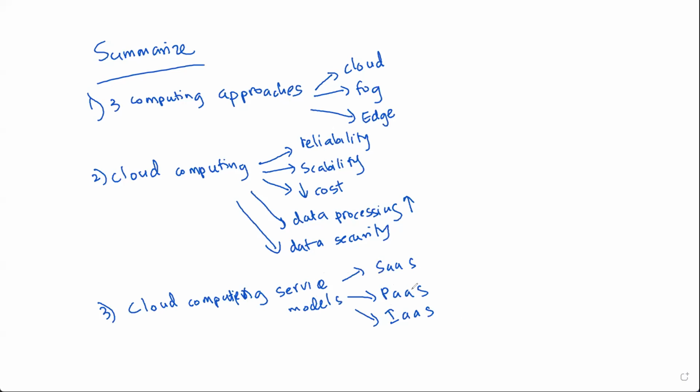We talked about these three methods and how we can control the application or the operating system. In infrastructure as a service, we can control all the elements like application, operating system, data, middleware, and so on. In platform as a service, we can only control application and data. The rest of the elements will be controlled by the cloud provider.